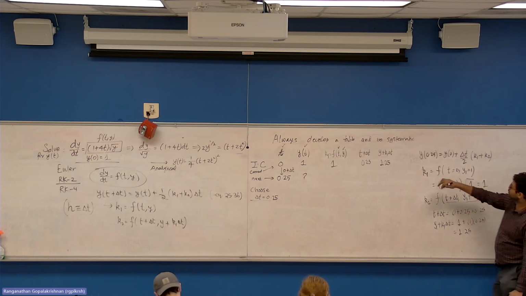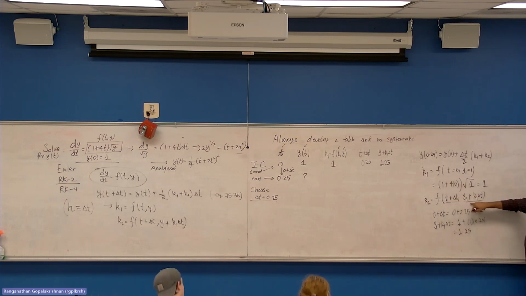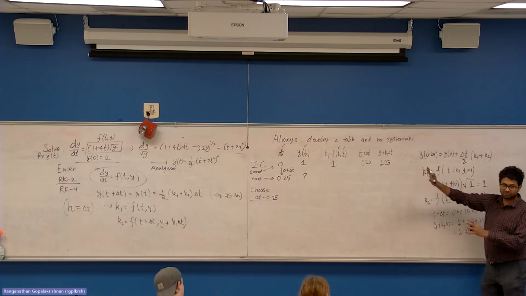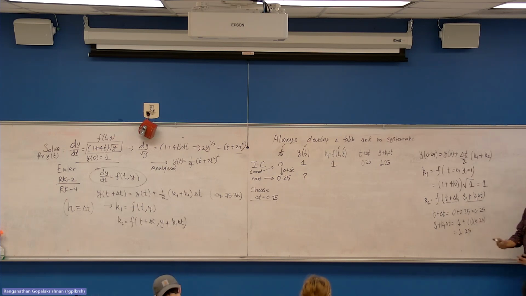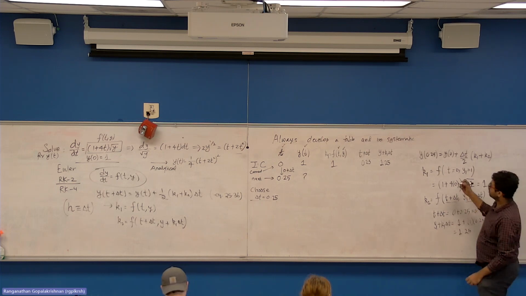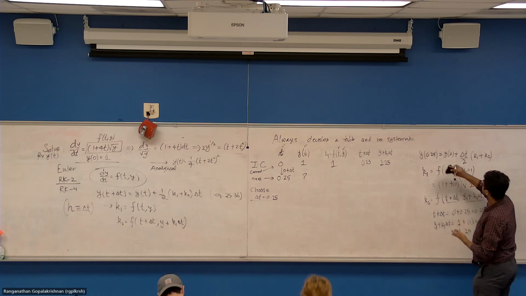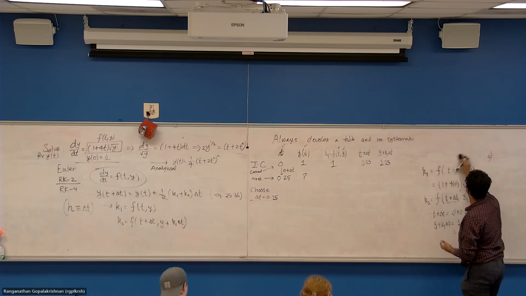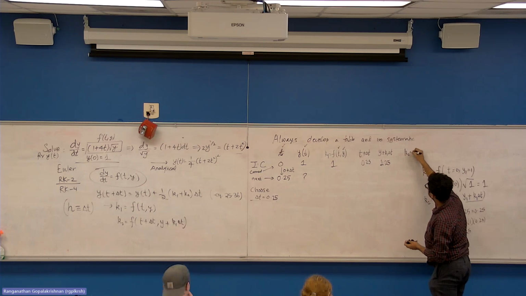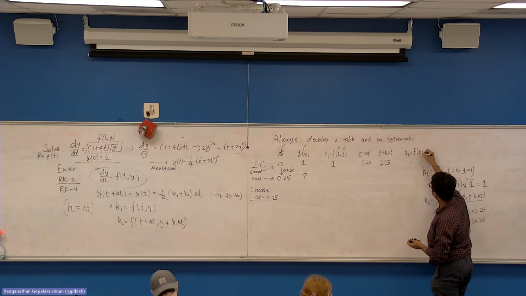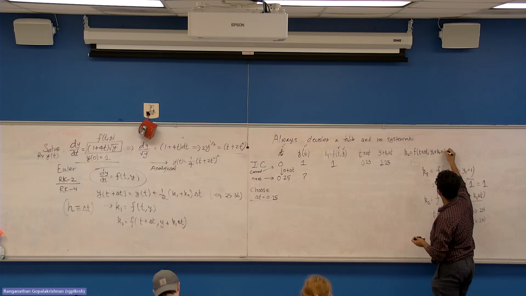I'm just asking you to compute the arguments first to this function, keep them safe and secure, then throw them into the function. So that by adding one extra step, you are avoiding a mistake, any mistake. Then I want to compute K2, which is the function evaluated at t plus delta t and y1 plus k1 delta t.